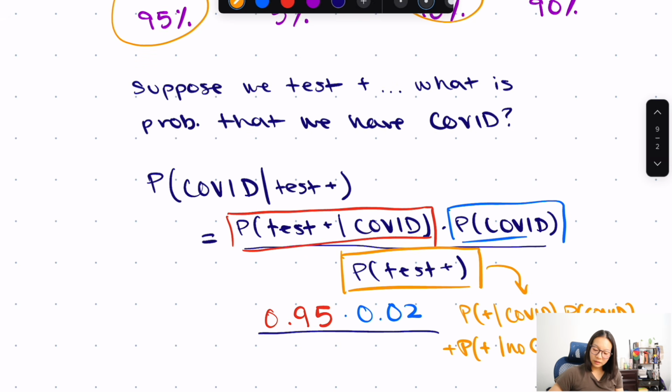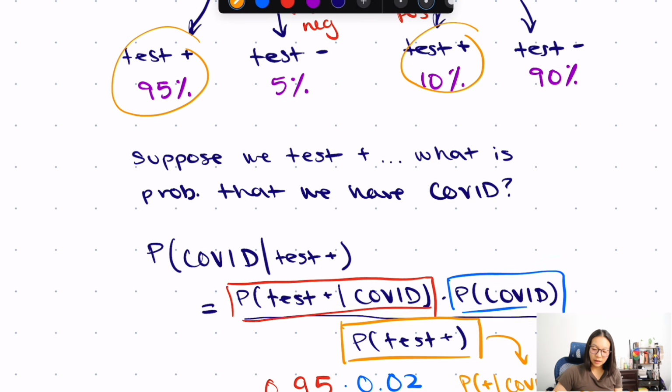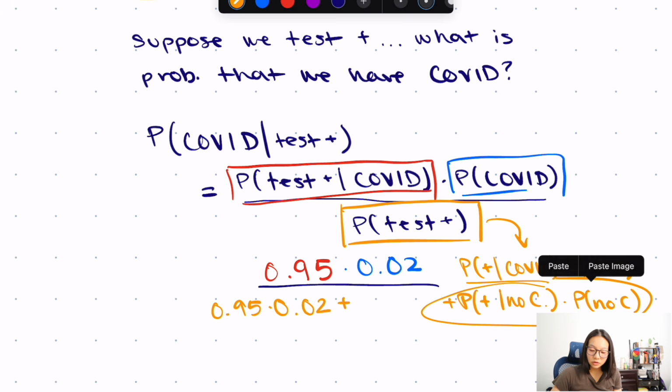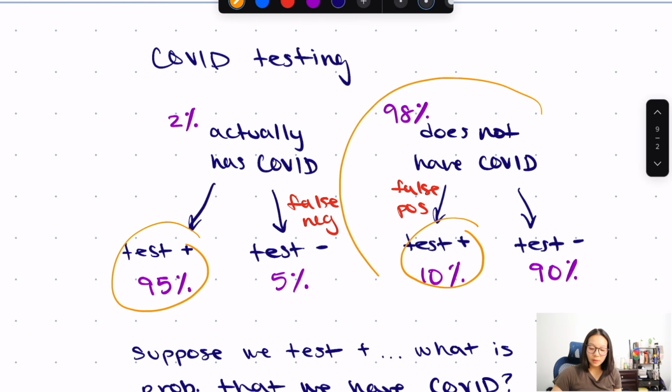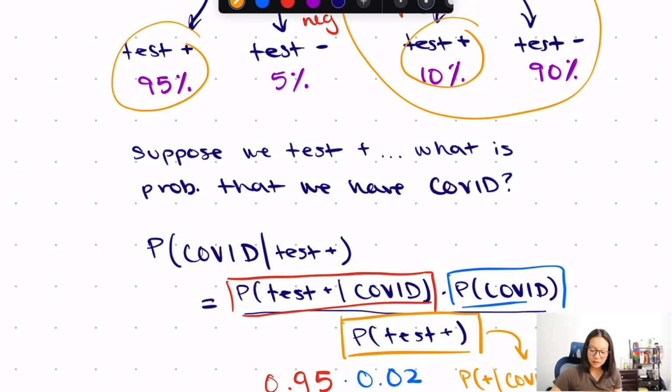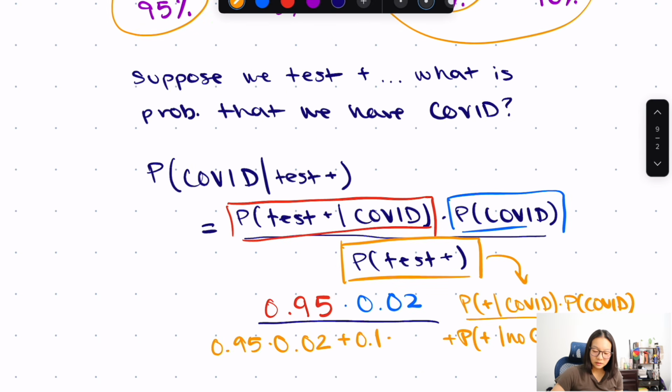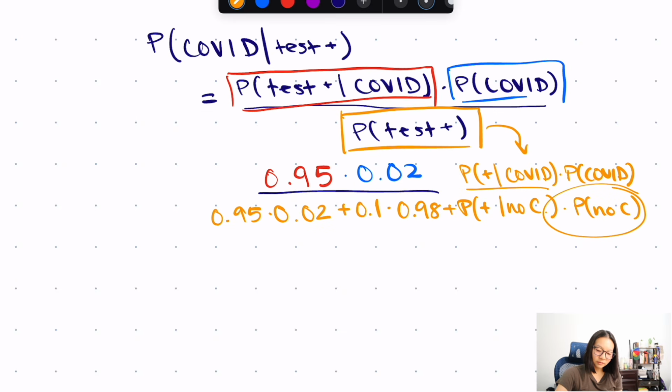The probability that we test positive given COVID, we already have that value up here. We already have this top part, that's our numerator, so I'm just going to copy that over. 0.95 times 0.02, plus, now this is just the other branch. The probability that we test positive given that we don't have COVID is 10%, so 0.1 times the probability of no COVID, which is 98%, so times 0.98.